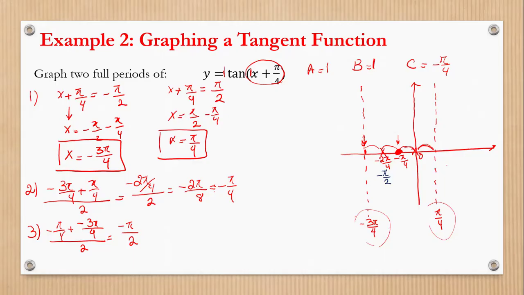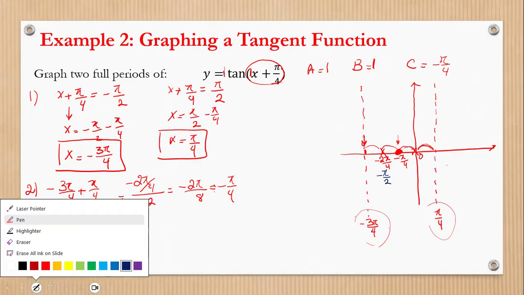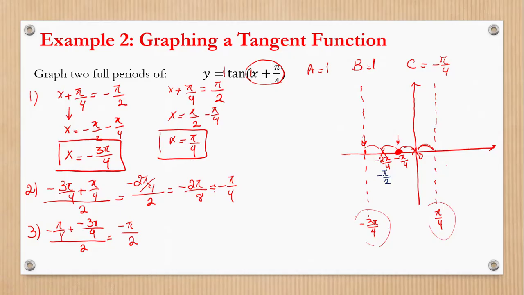And for the other point, I need the midpoint between negative pi over 4 and positive pi over 4, which is exactly 0. So now we have all 3 points between the asymptotes. Now it's time to find the y values of these points.